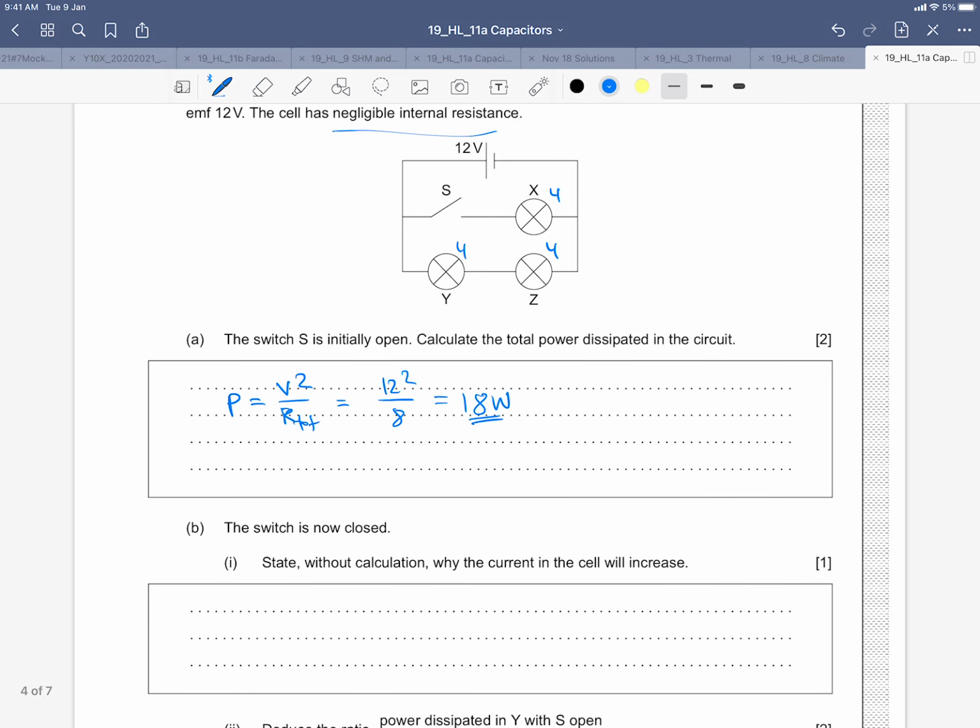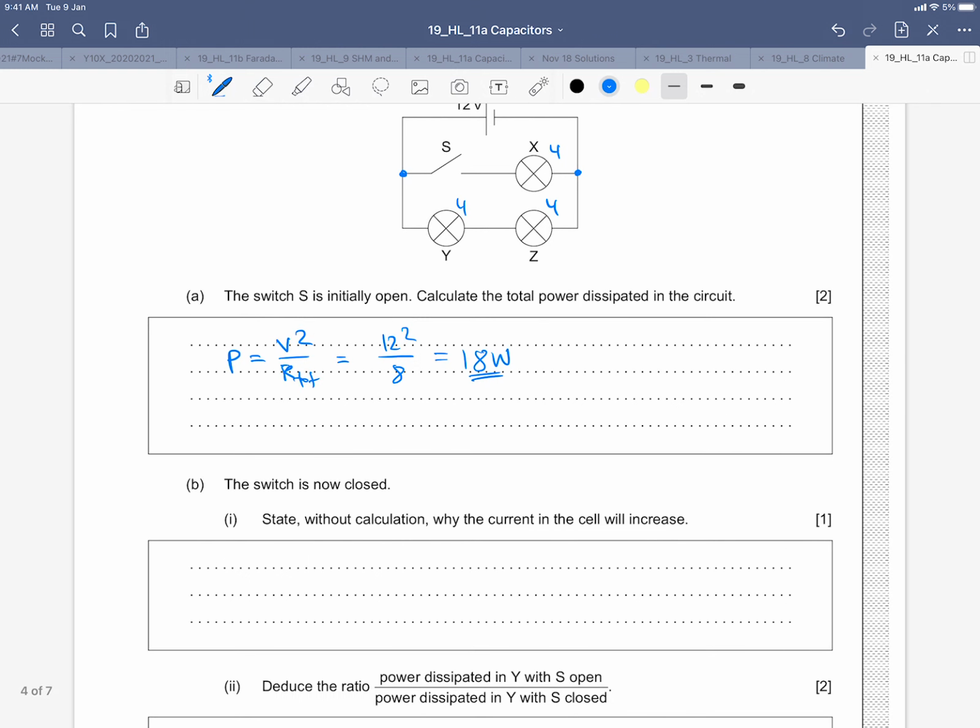Why will the current increase? When we close the switch, we create a parallel combination. We have the same PD across Y and Z because nothing has changed there, so you get the same current through Y and Z, but we get an additional current flowing through X. So the total current has to increase.